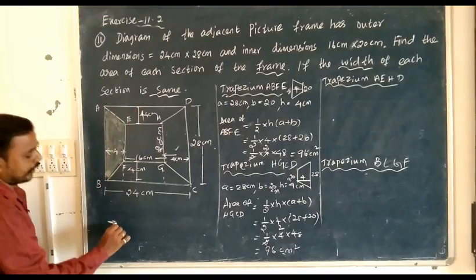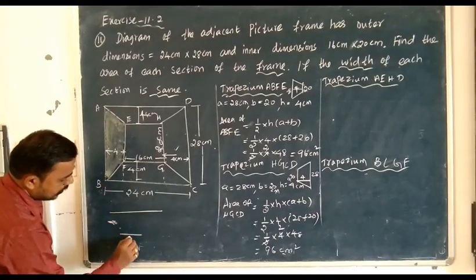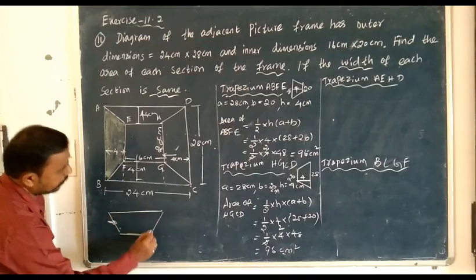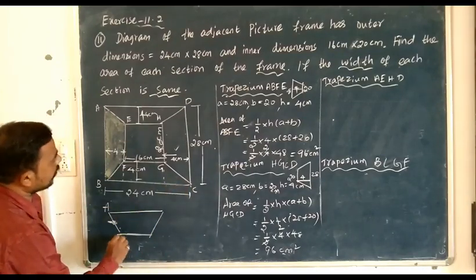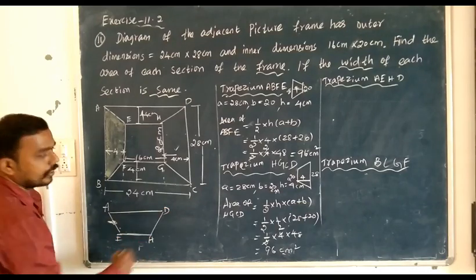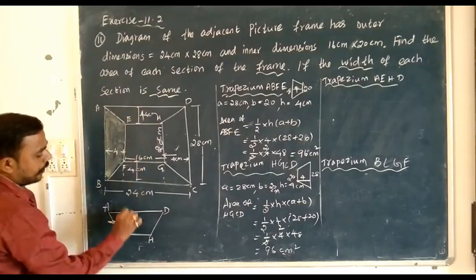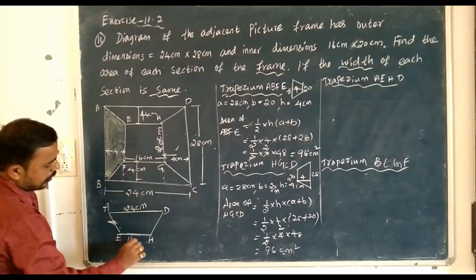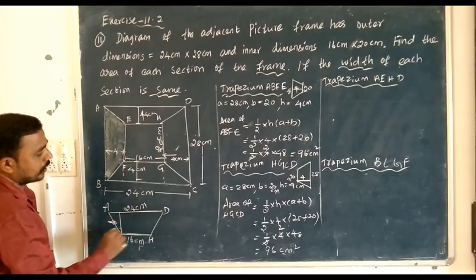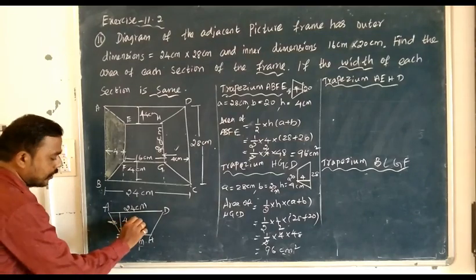Now come to this one. We are going to find the area of this trapezium AEHD. AD value is 24 centimeter, this distance is 16 centimeter, and this one is height 4 centimeter.